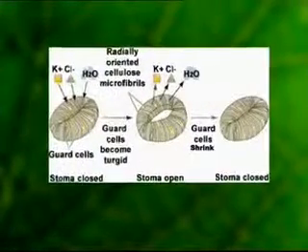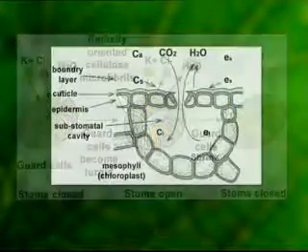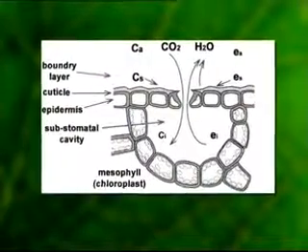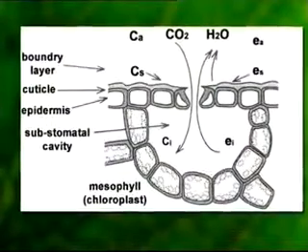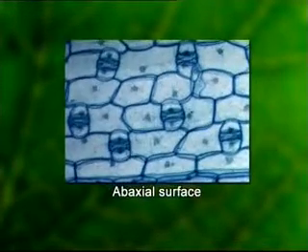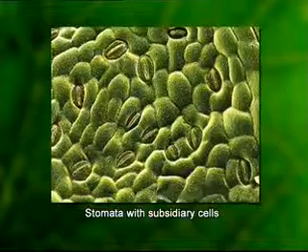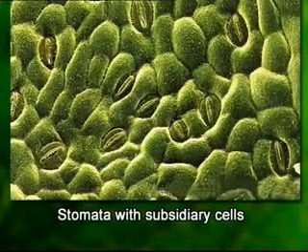Opening and closing of the stoma complex regulates the exchange of gases and water vapor between the outside air and interior of the leaf and plays an important role in allowing photosynthesis without letting the leaf dry out. In a typical leaf, the stomata are more numerous over the abaxial, that is lower epidermis, than the adaxial, that is upper epidermis, and more numerous in plants from cooler climates.